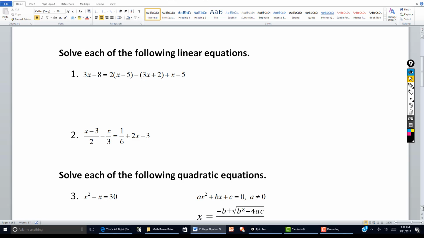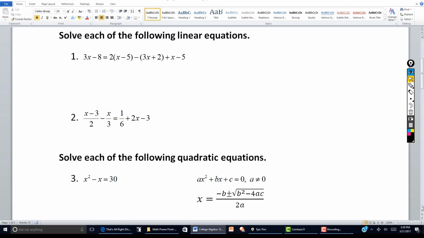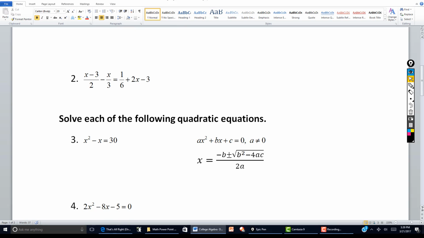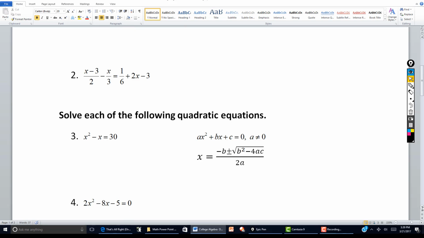Now the next one moves up to quadratics. Solve each of the following quadratic equations. Okay, unlike the linear equations, quadratics are second degree equations. Remember, these are all in one variable right now.